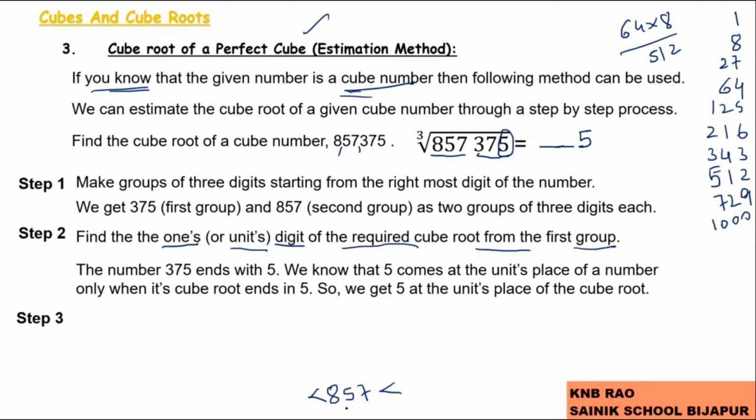So this 857 comes in between 729 and 1000.